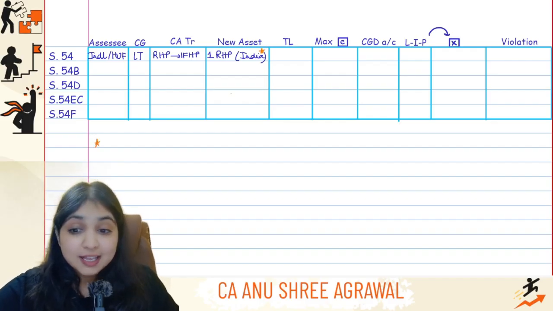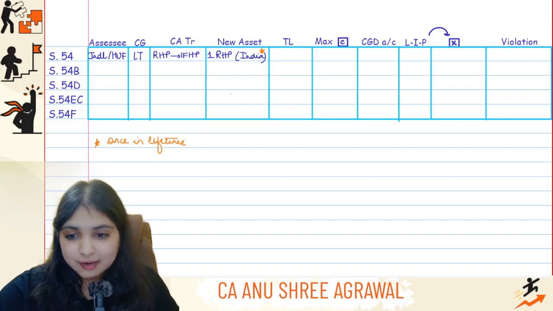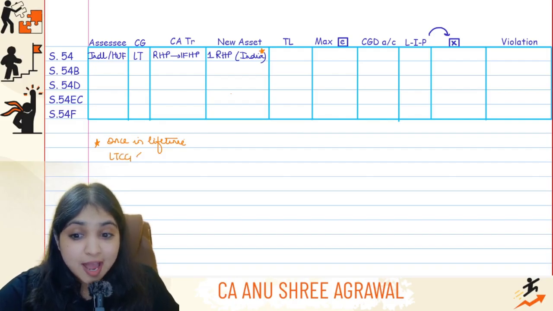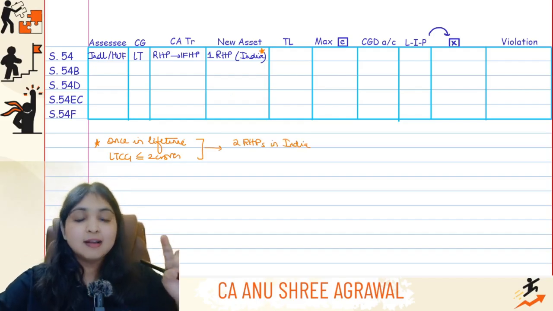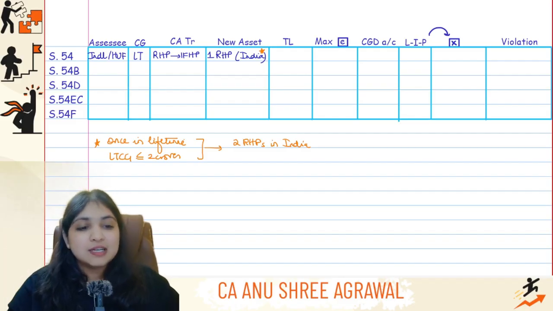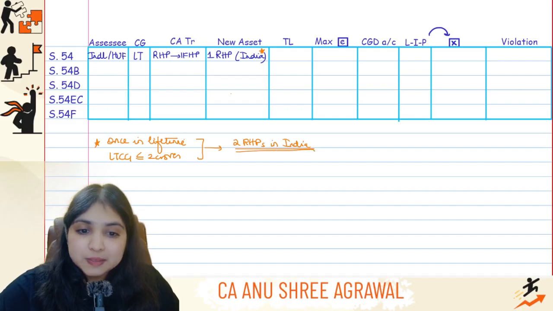The exception is that once in the lifetime of the assessee, if LTCG happens to be within 2 crores, very good, then in that case we can take exemption for 2 residential house properties in India also, right?